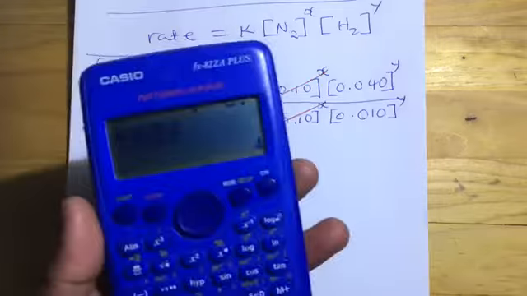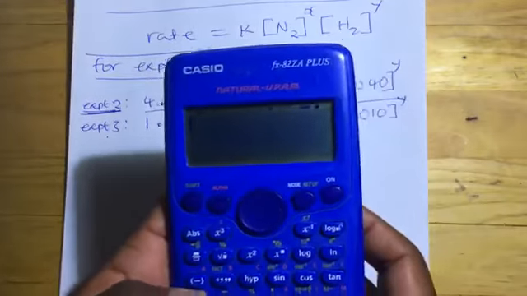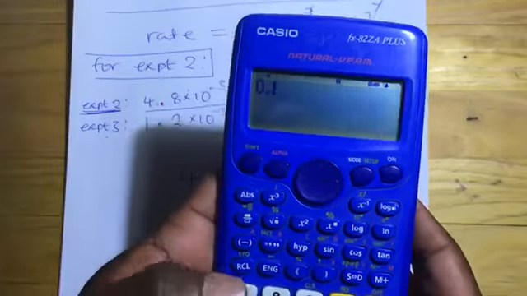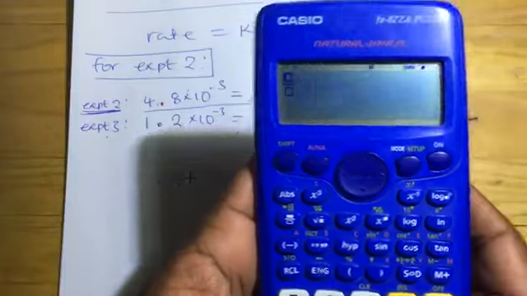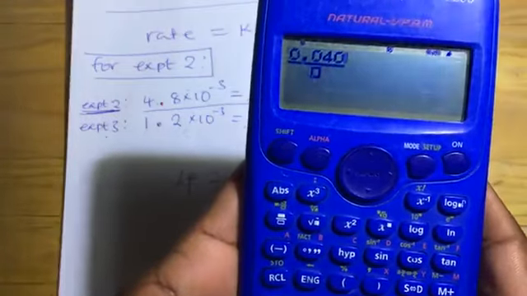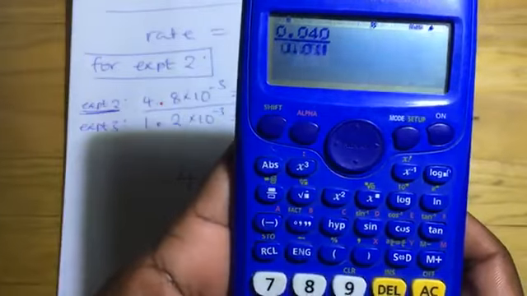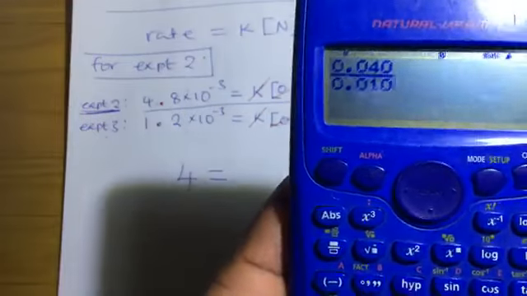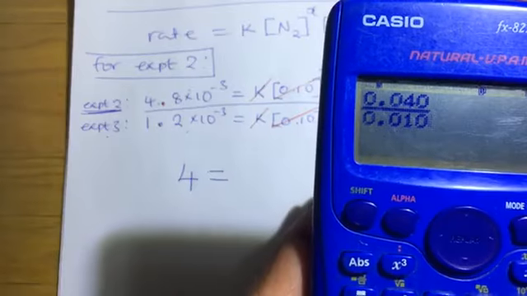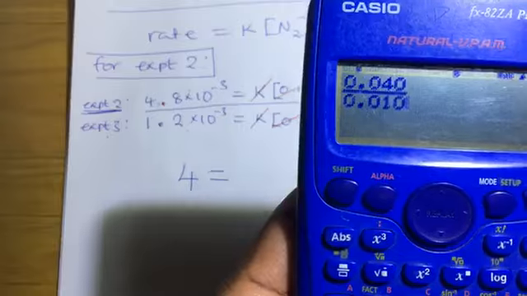So this is going to be 0.040 divided by 0.010. Okay, so I can divide what's inside and then my answer will still be the same power. Will there be an instance when you don't get a whole number?